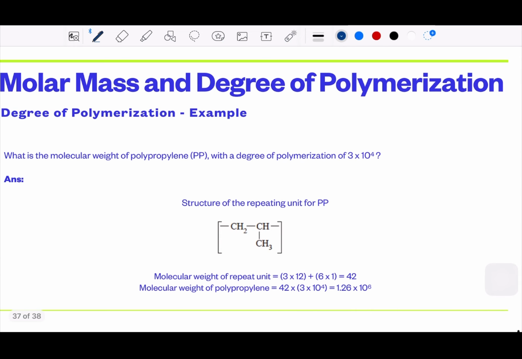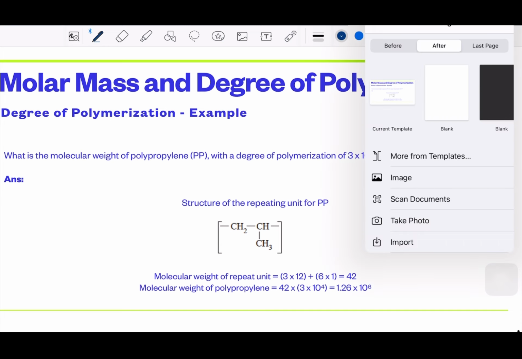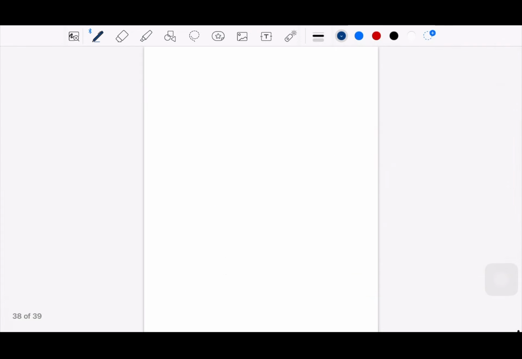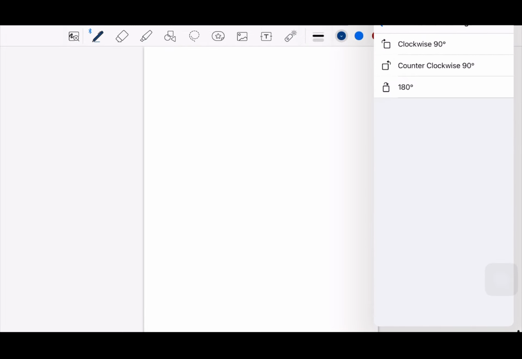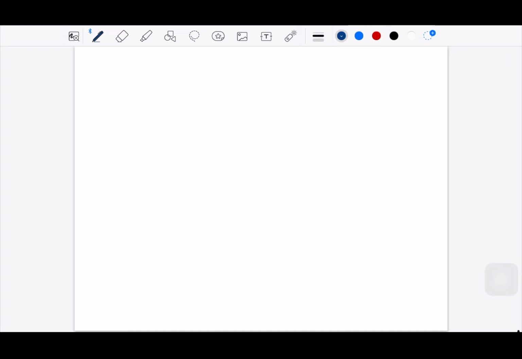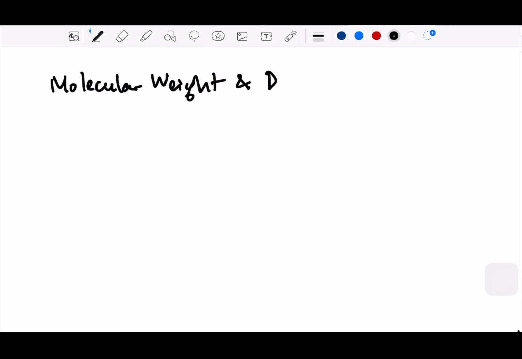Okay, let me sum up what we've done for a while above, on molar mass, or molecular weight, and distributions.